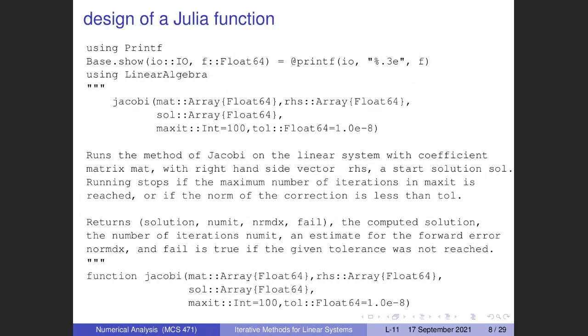All right, so let us now define the method in a Julia function. So we had pseudocode, but let us now look into the specification. So we have on input one matrix and a right-hand side vector.